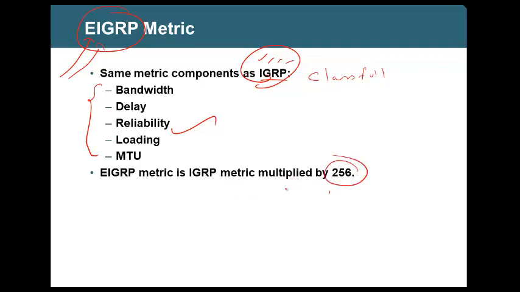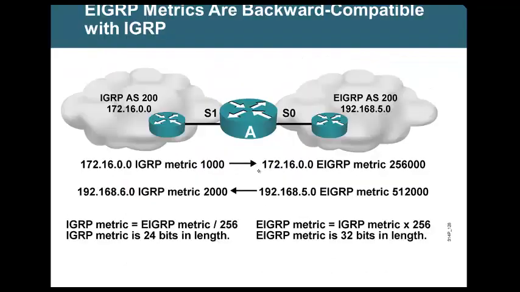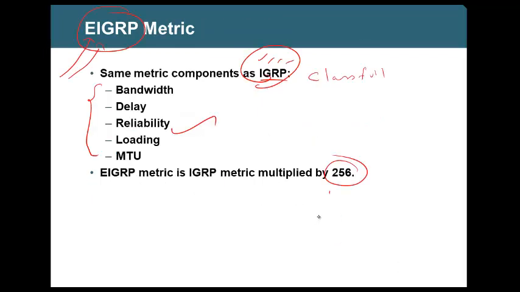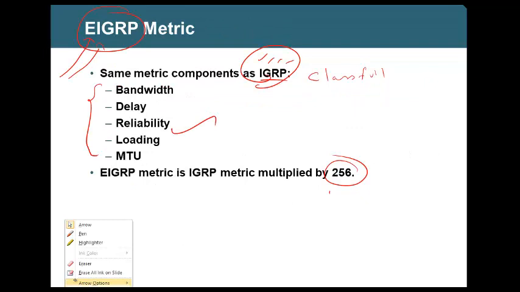That you can see here in the last page. Here you see, in IGRP, to calculate the metric, only 24-bit is used. In EIGRP, we have 32-bit. So 24, 32, how many more bits extra? 8. 2 to the power of 8 is what? 256.